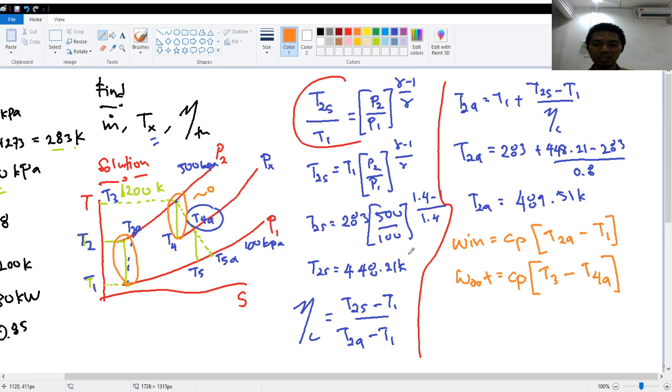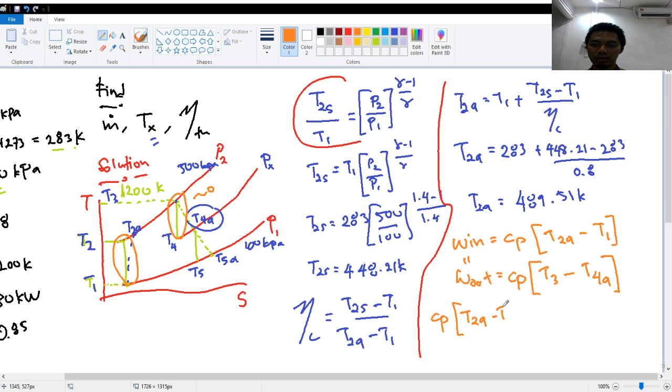So when the question tells you that the work in here is just enough to drive the turbine, it means work in equals work out. So you can equate these equations using Cp. There's no trick here.